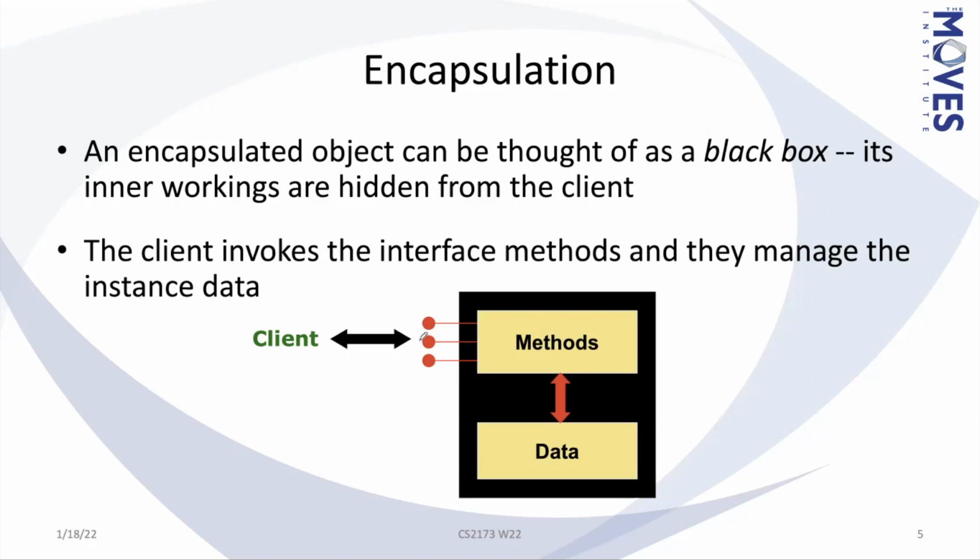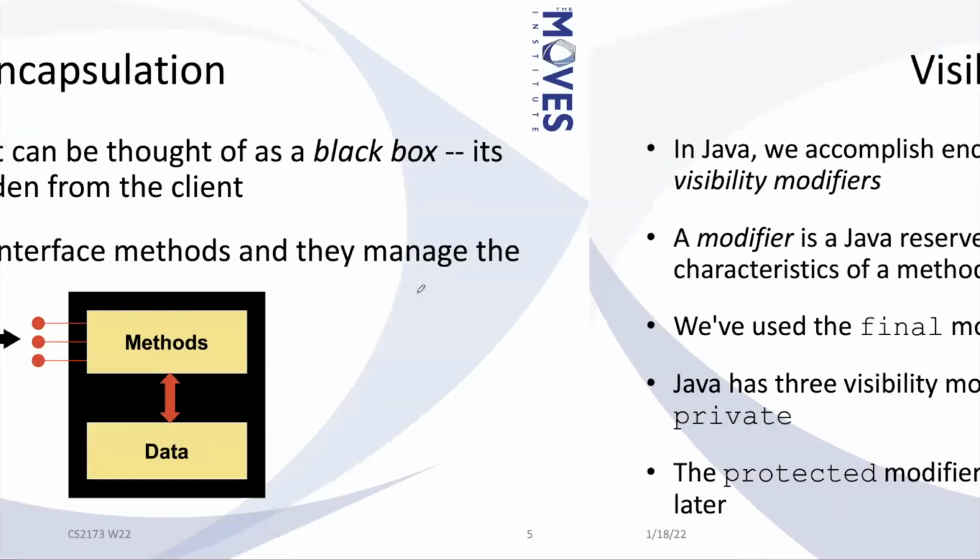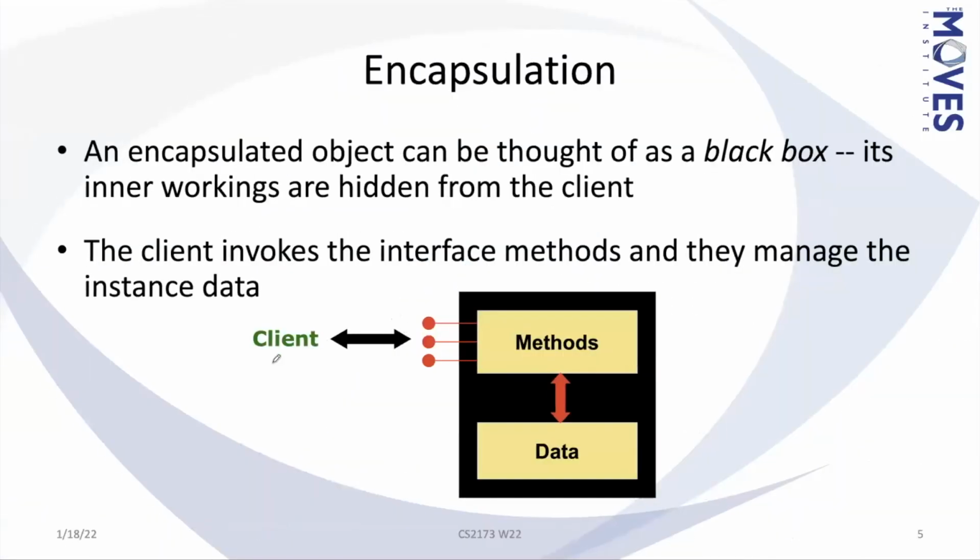But what this figure is showing is that the client is some other object. It only interacts with the methods. It does not touch the data itself.